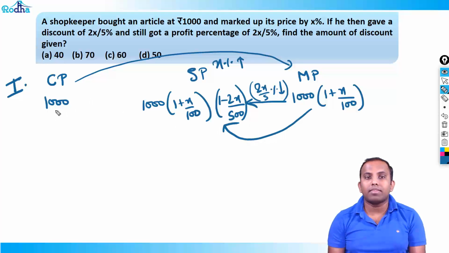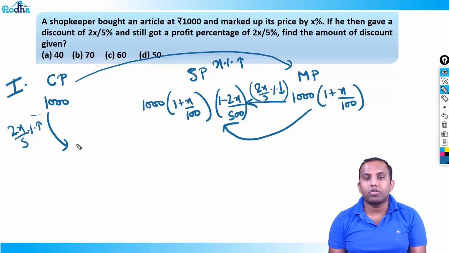Now CP is 1,000 and still he got a profit of 2x by 5%. So what is SP now? SP can also be found from CP by getting a profit of 2x by 5%.